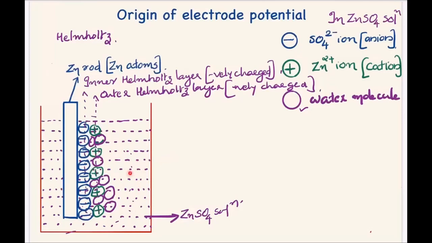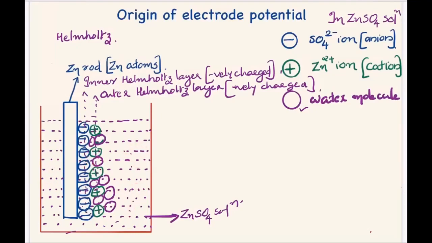So here also we will get zinc ions, sulfate ions, water molecules, but this area is rich in charged particles or ions. This area is comparatively less concentrated in terms of sulfate ions and zinc ions. We know that some of the zinc ions moved into this area, some of the sulfate ions moved into this area.